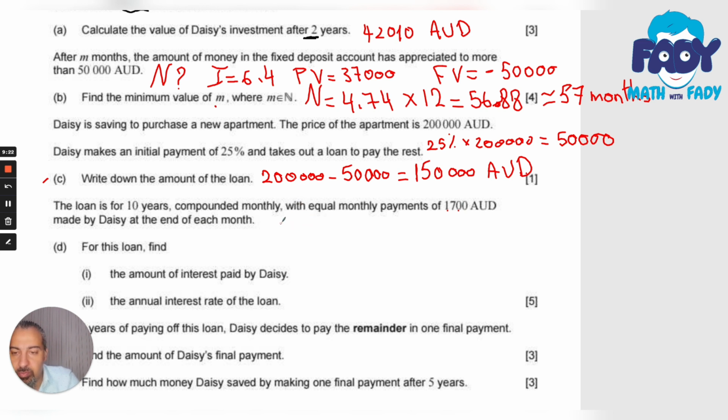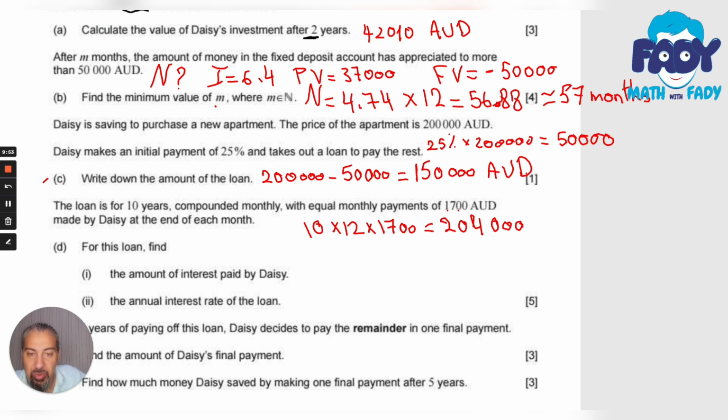So her payments will be 10 years times 12 months, and each month she is paying 1,700. And this will be 204,000.